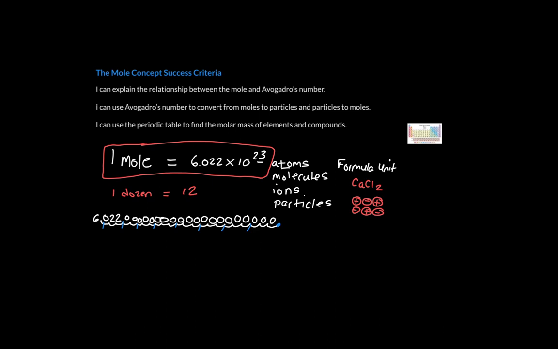And now another name for the mole is Avogadro's number. So this is Avogadro's number, and it's also called the mole. So they're one and the same.